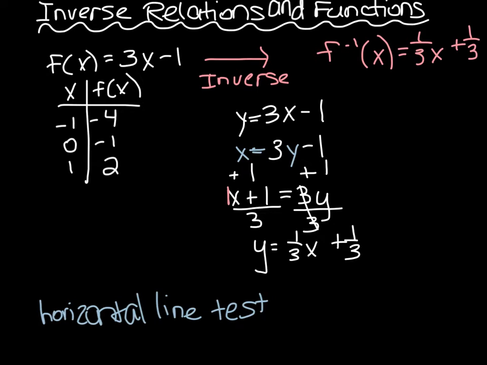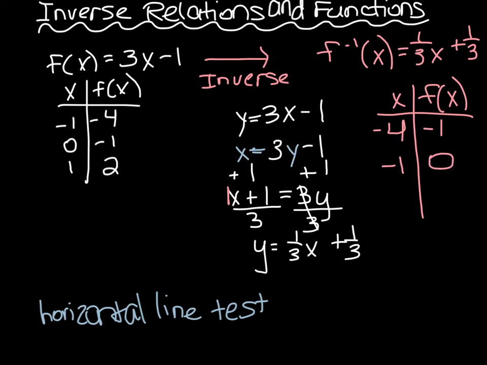Now the table should just be the opposite of the function which we originally had, which is going to be, instead of -1, -4, it's -4, -1, -1, 0, and 2, 1.